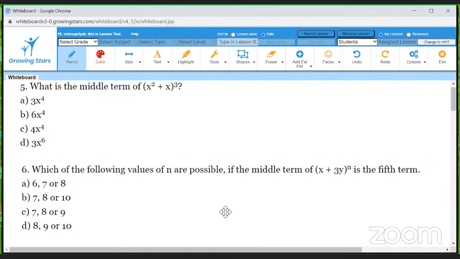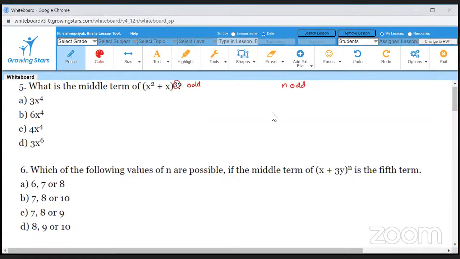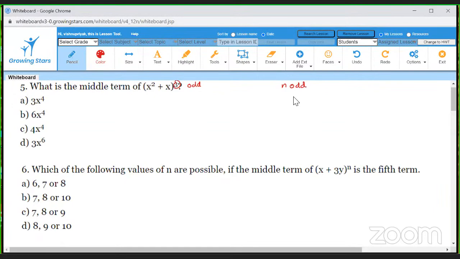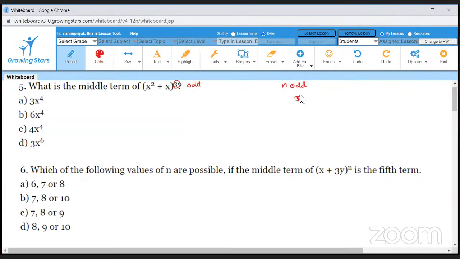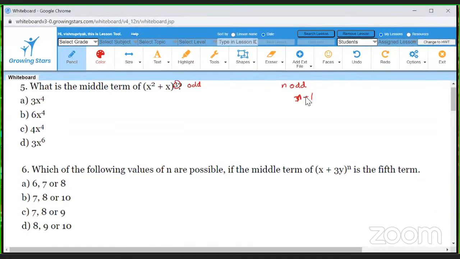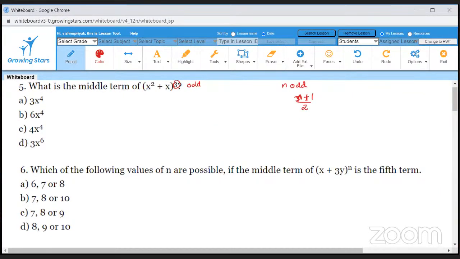Okay. Now, what is the middle term? Fifth question. Here you can see the power is odd. The power 3 is odd. So whenever n is odd, which term will be the middle term? N plus 1 by 2 will be one middle term.